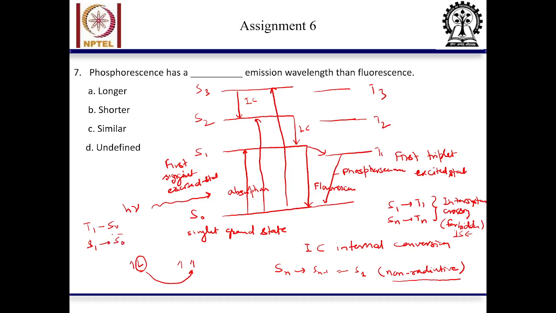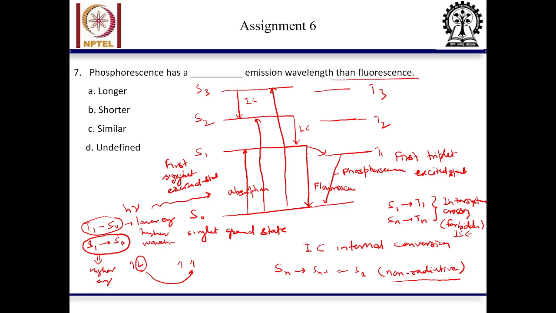Definitely S1 to S0 has higher energy, so T1 to S0 has lower energy. Lower energy means longer wavelength, right? So phosphorescence has a longer emission wavelength than fluorescence.